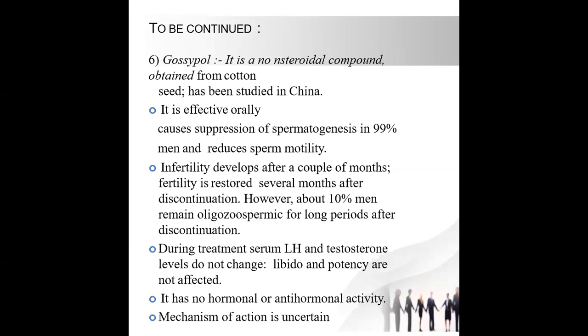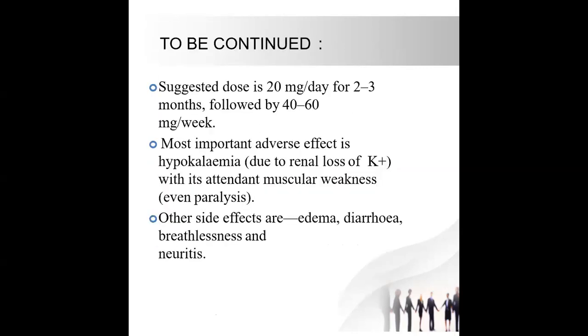So after starting Gossypol, one has to maintain some other methods to prevent pregnancy, such as barrier methods, because the infertility after using Gossypol starts after a couple of months. That is very important. One has to very much understand.